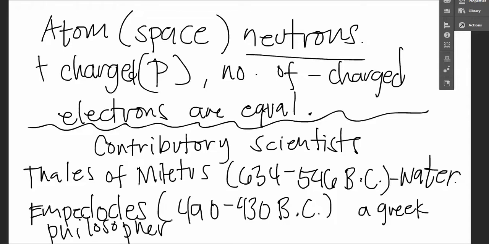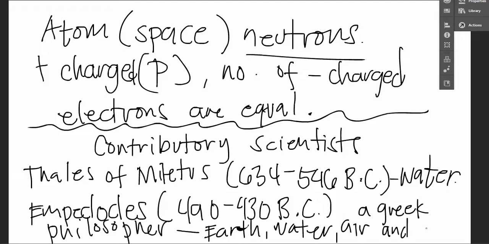He proposed that matter is made up of four elements, which are earth, water, air, and fire.